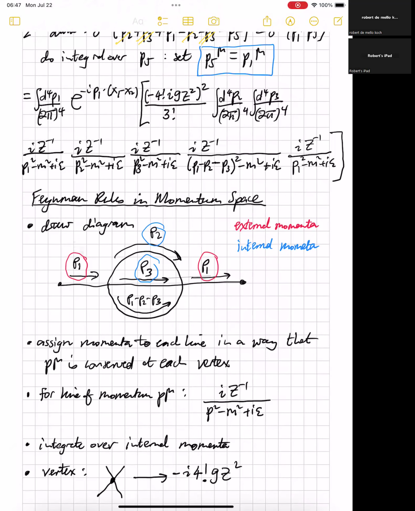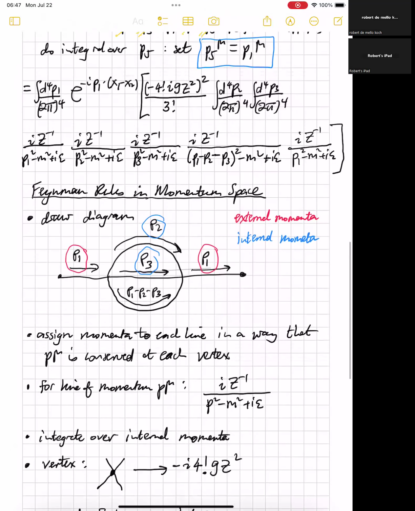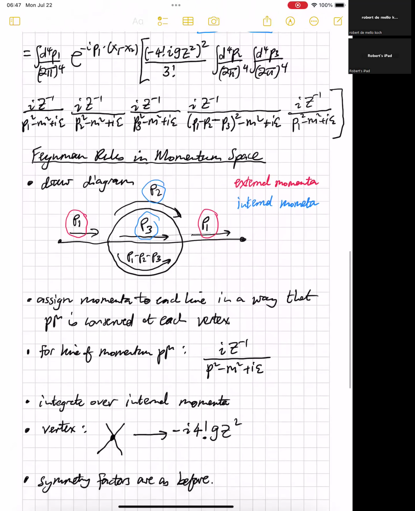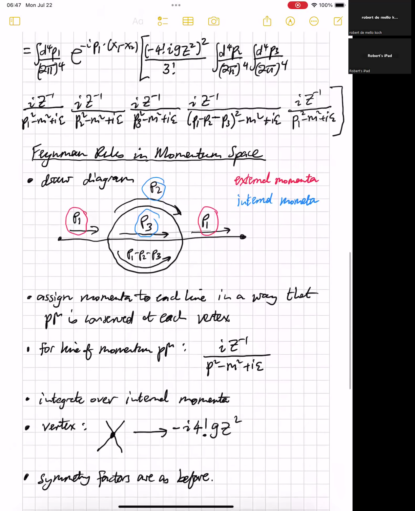And because that integral has such a specific form, there are methods that have been developed to do these integrals, and we will be discussing those soon. So you'll be able to evaluate these integrals in momentum space. And in quantum field theory, most of the time you work in momentum space. Good. So that completes our discussion of the Feynman rules in momentum space.